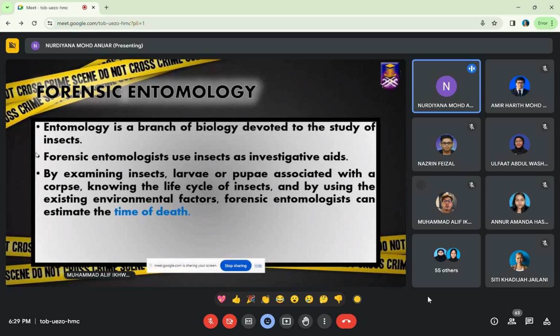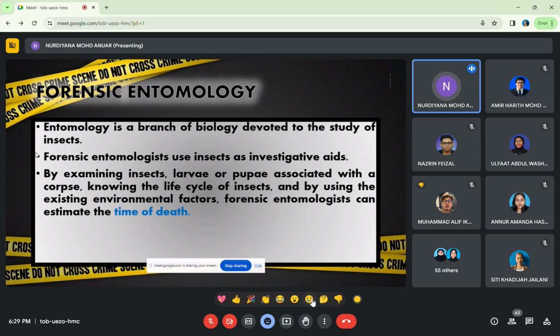Okay. So by studying the life cycles of these insects, it can help to determine the time of death. Sebab life cycles of the insects are fixed. Dia takkan tiba-tiba berubah. Dia fix. Contoh, bila insect ni dah bertelur, dalam masa 24 jam dia akan bertukar jadi larva. So another 24 hours dia bertukar jadi larva yang dewasa.